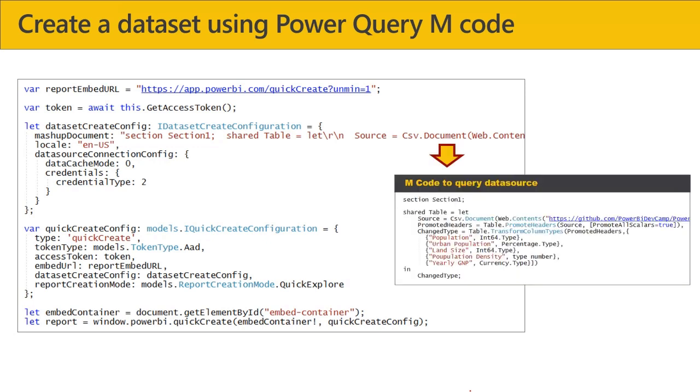And that mashup document, somehow you're going to have to write code in Power BI Desktop and somehow get it into this form. I'm going to give you some ideas about how you might make that more manageable, but you can see, down below here, what we're doing is instead of creating the data table and the schema, we're just passing a mashup document.